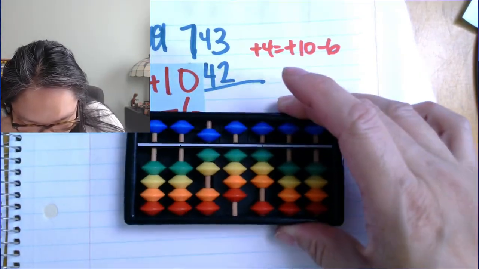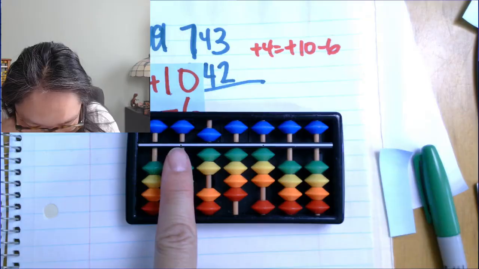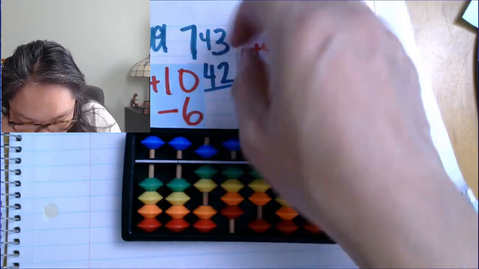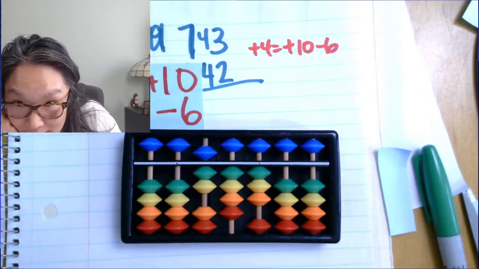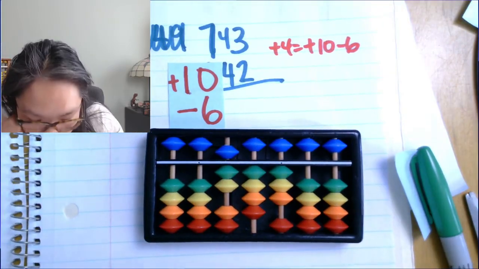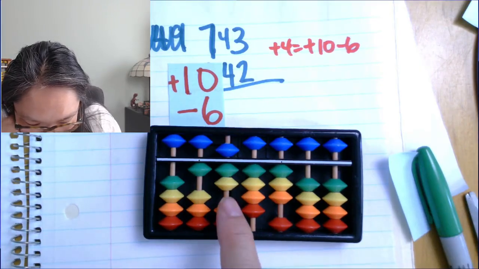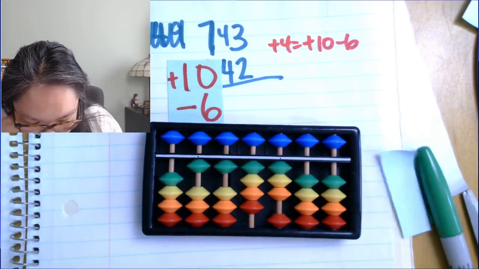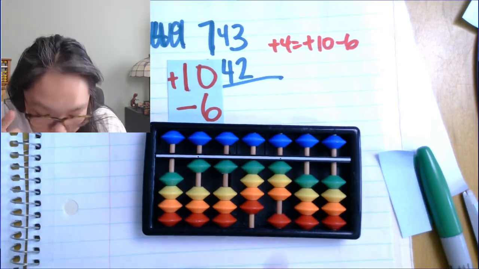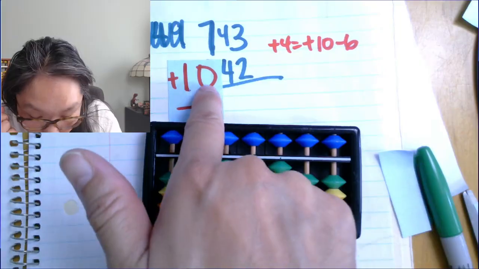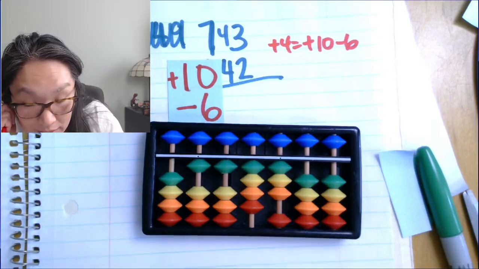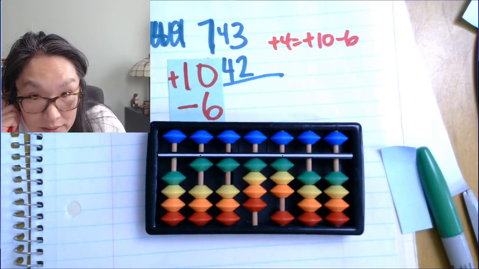So what's going to happen is, I'm going to plus the 10. So if I wrote it out, I plus the 10 and I take away the 6. Does that make sense? So I add the 1. I plus the 10 and I take away the 6 and I minus the 6. See, it doesn't matter what column you're in. It's always a matter of where the 10 goes. Does that make sense?